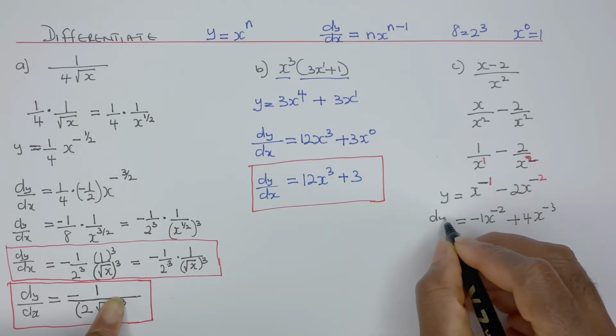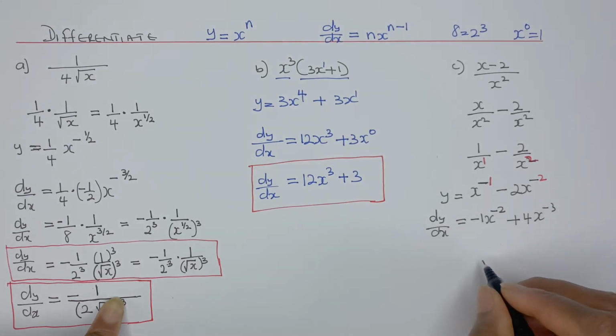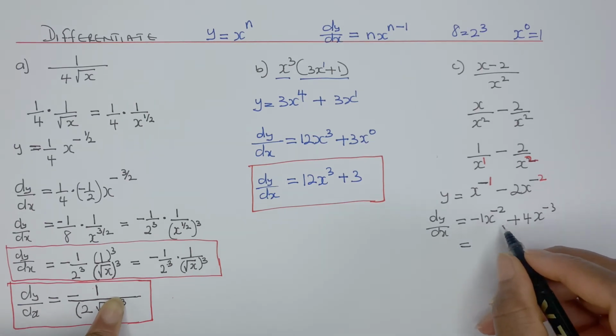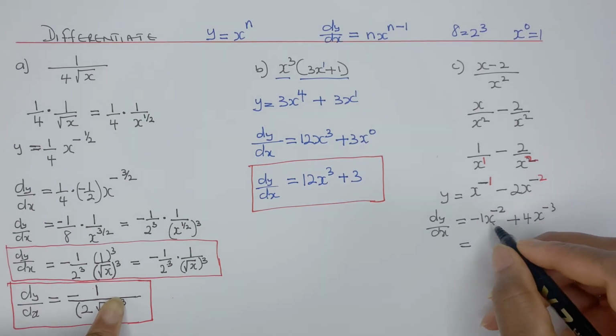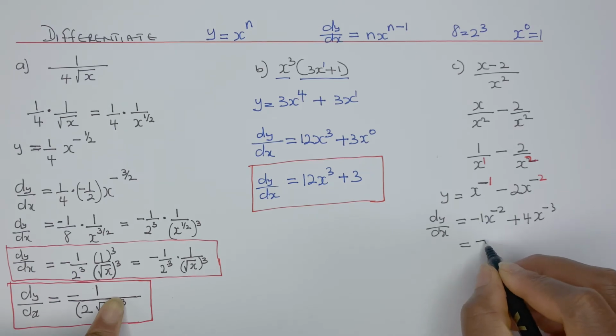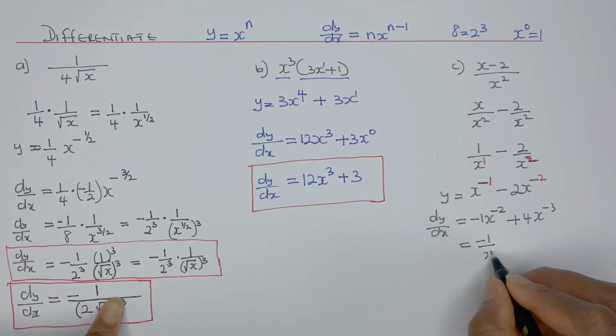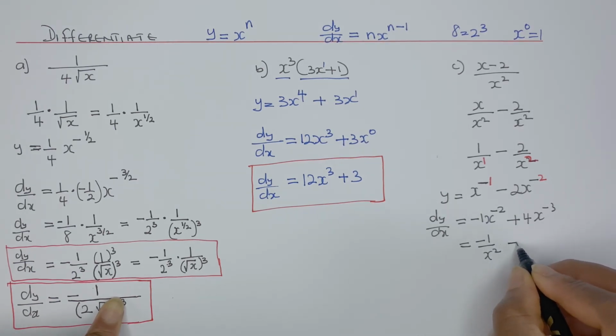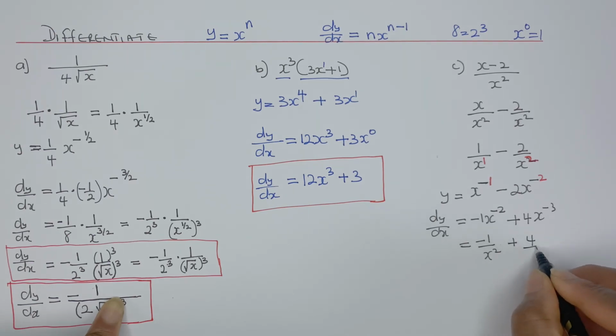So that will be dy/dx. It's always good to simplify this. So again, write that in indices form. That will be minus 1 over x squared plus 4 over x cubed.